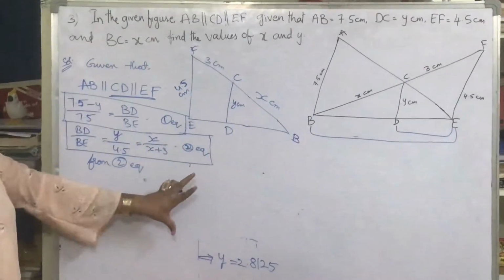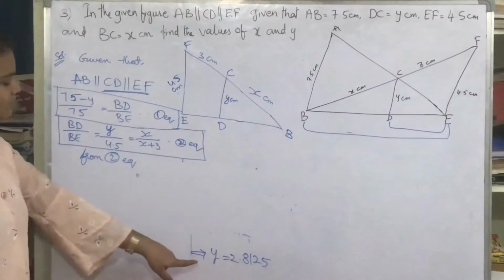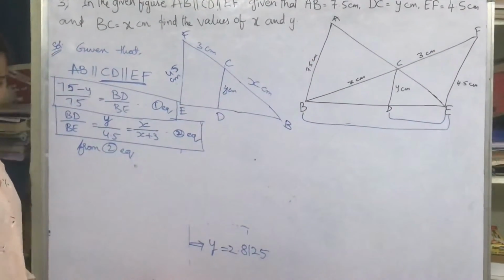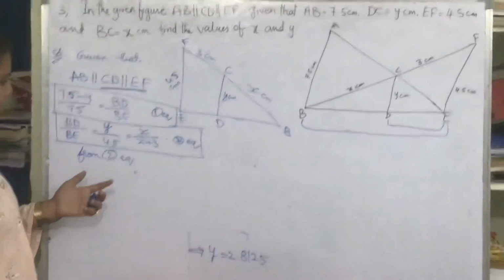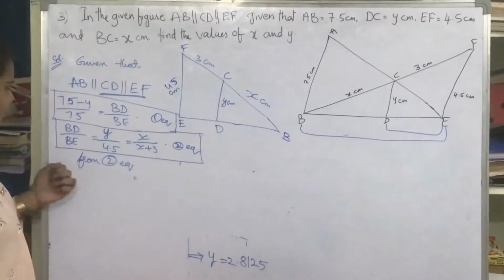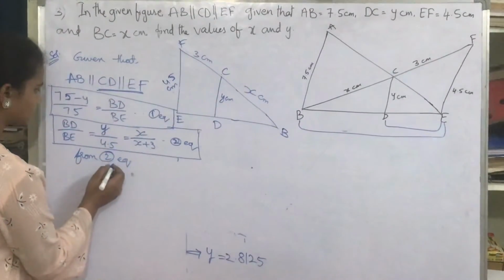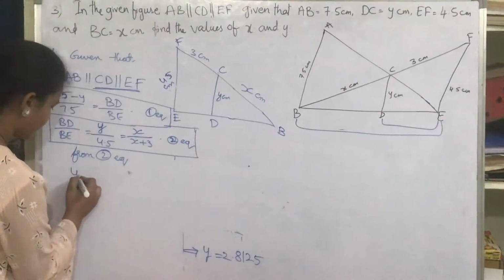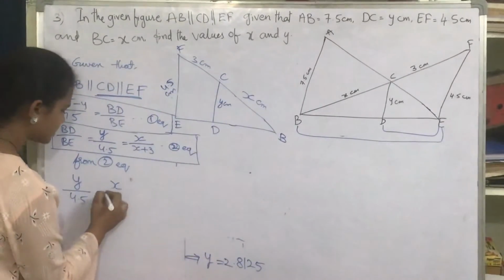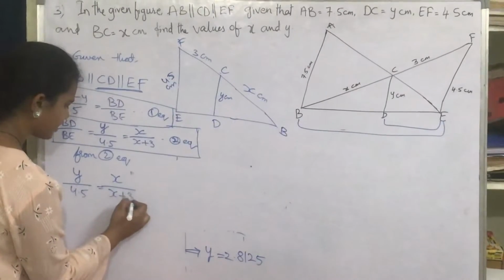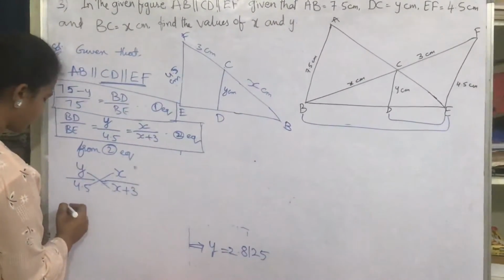Just consider the second equation, no need to consider the first equation. As done with the first equation, we got the value y equals to 2.8, and now just go for the second equation. So y by 4.5 equals to x by x plus 3, by cross multiplication.